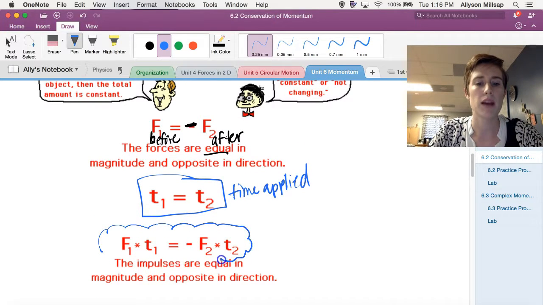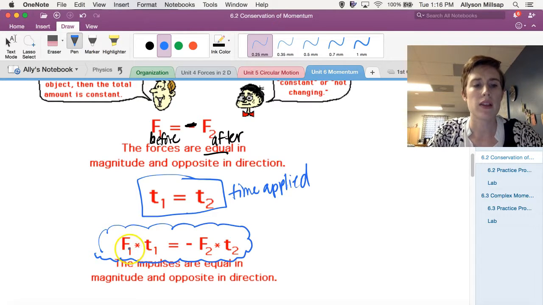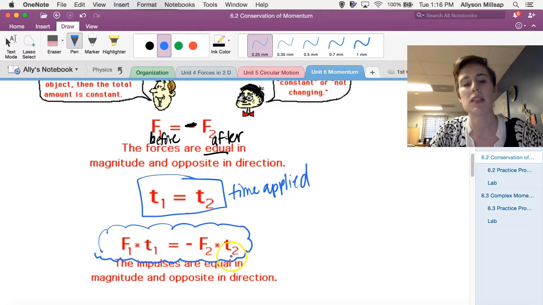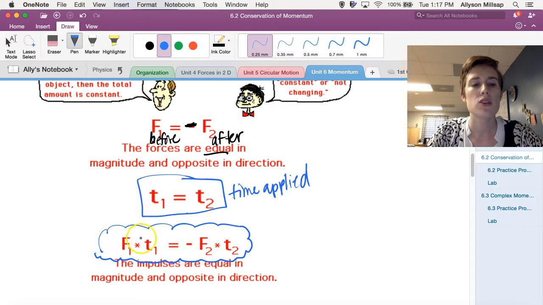So here's something kind of neat. We could combine those two equations to show this equation. The force applied on the baseball times the time applied on the baseball will equal the force applied on the baseball bat times the time applied to the baseball bat, okay? Do you remember or recognize this formula? You should.